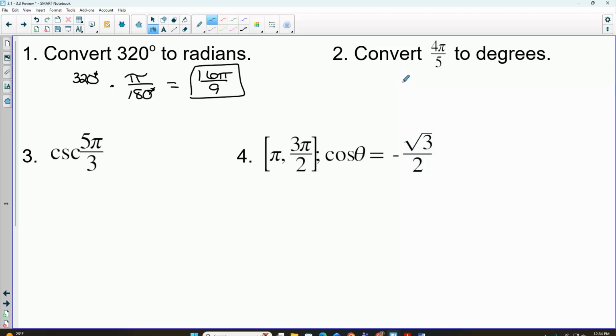What if I want to get degrees? How do we change 4 pi over 5 to degrees? Good. And pi's cancel. So 4 over 5 times 180.